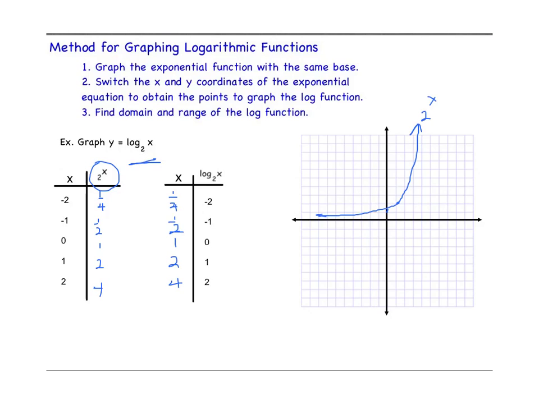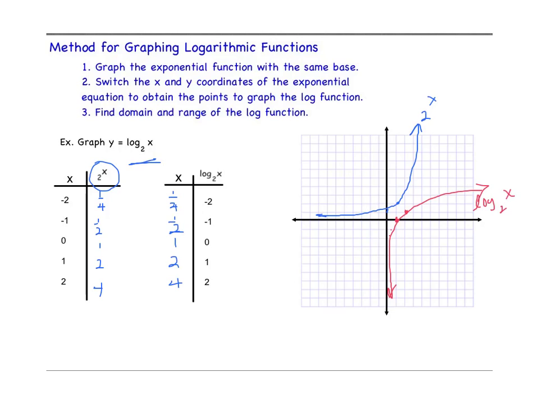So instead of the point 0, 1, we're going to have the point 1, 0 in the log. Instead of 1, 2, we're going to have 2, 1. So this function, and as we get to half, we get a little closer, a little closer. So you're going to have a function that looks like this. And this is the log base 2 of x.